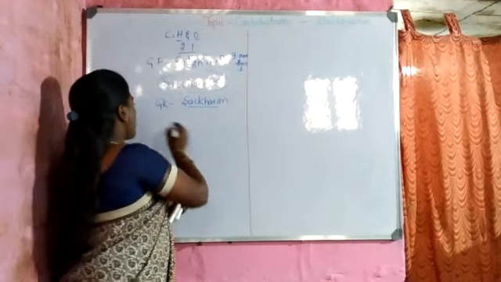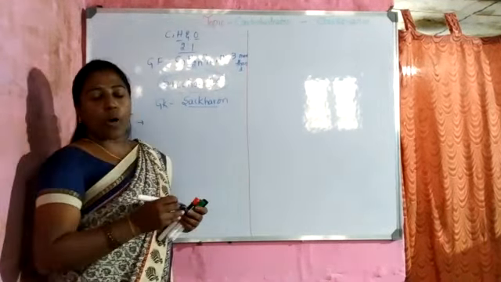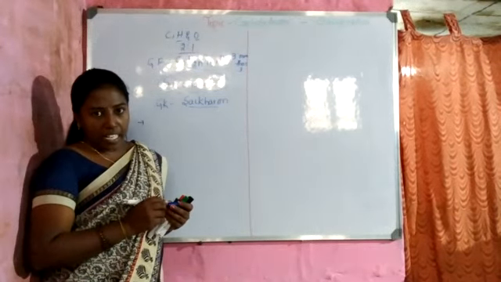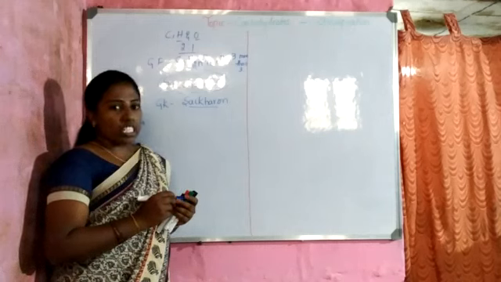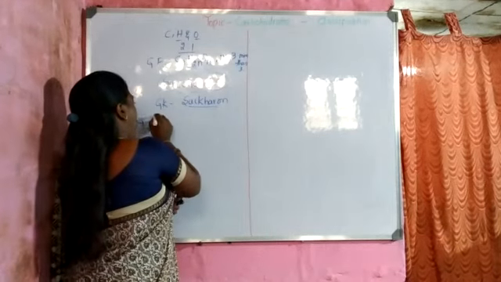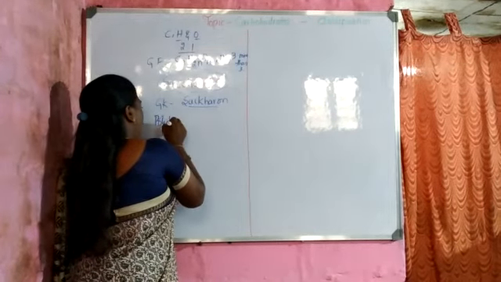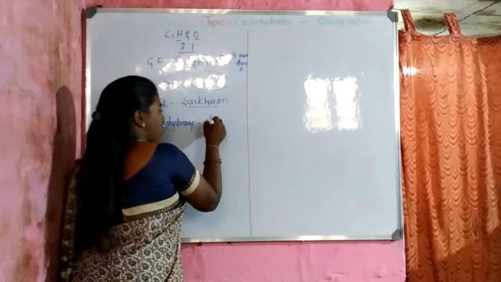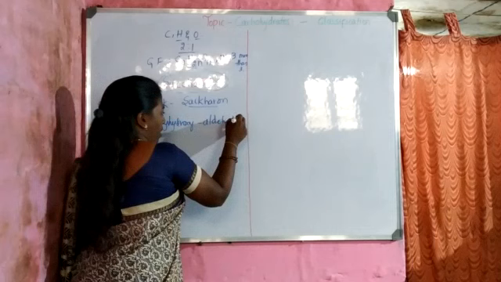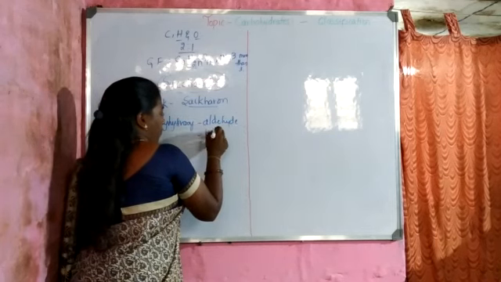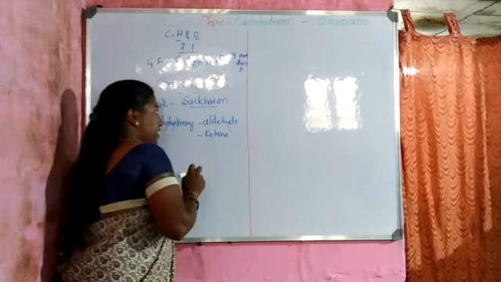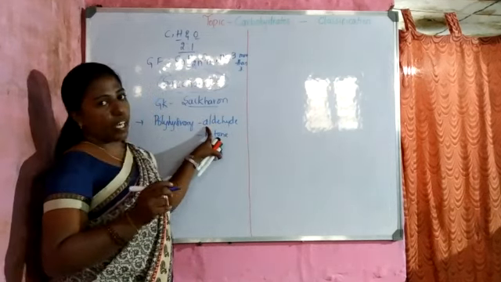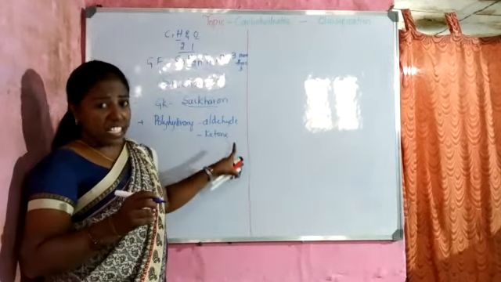So let us discuss the definition of carbohydrates. Carbohydrates are defined as polyhydroxy aldehydes or ketones.